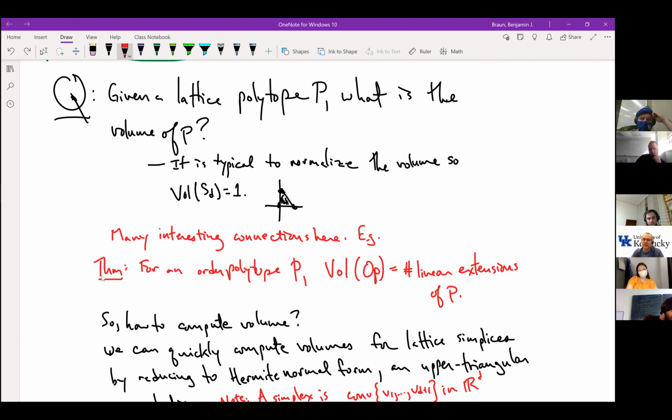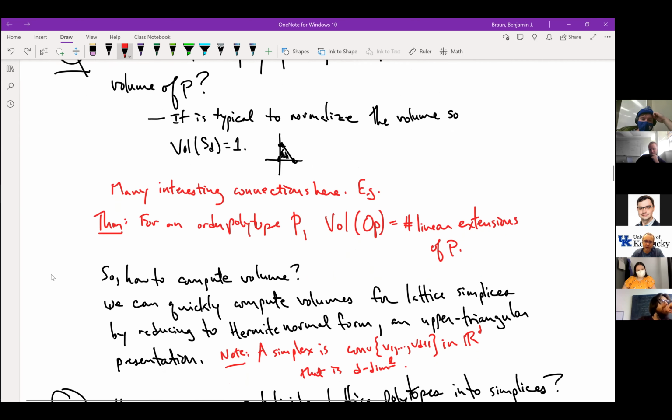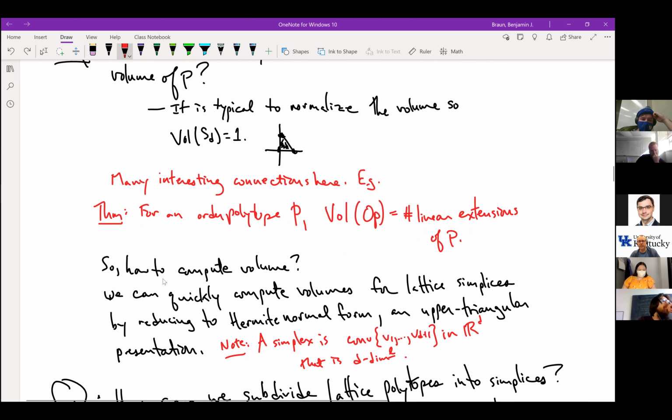For example, this theorem due to Stanley from back in the 70s says that for an order polytope P, the volume of the order polytope is the number of linear extensions. If you know anything about computing the number of linear extensions, that's a very hard problem. So computing the volume of polytopes is at least as hard as computing linear extensions, and it is hard.